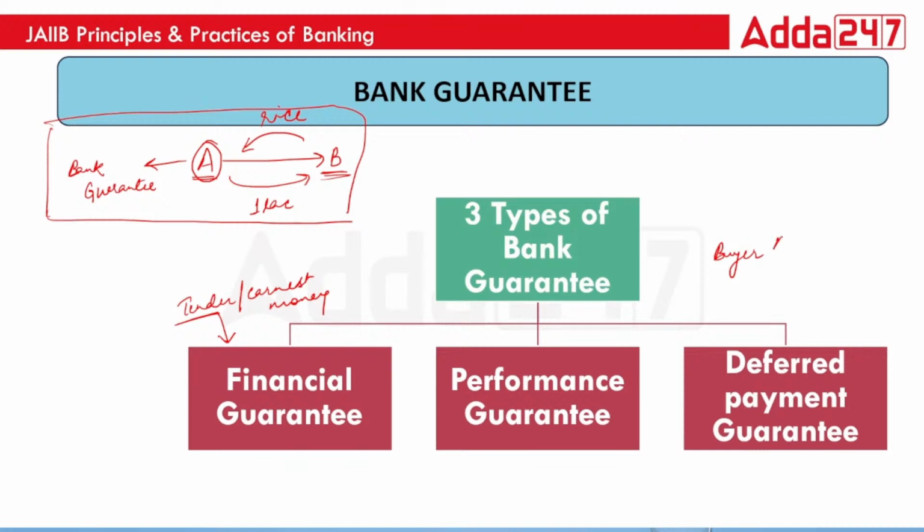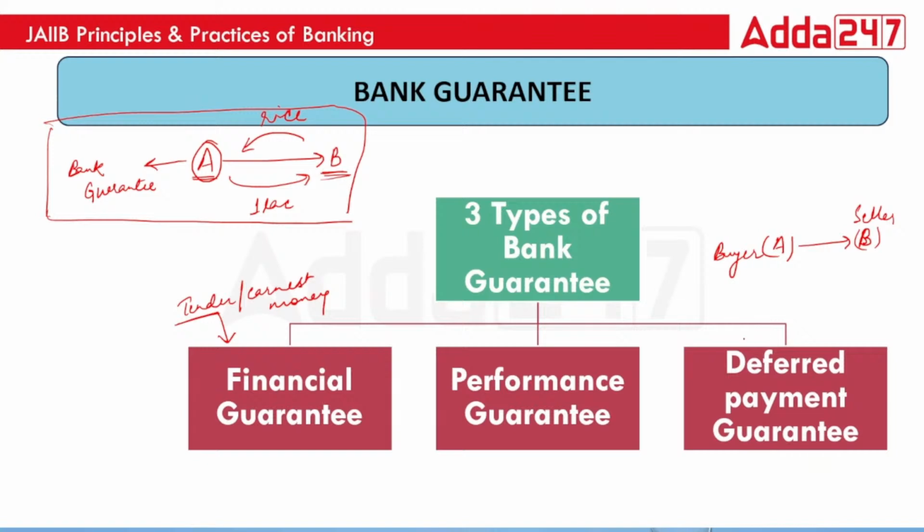Suppose here the buyer is A and the seller is B. If A is ordering something which is very expensive and he's not able to repay B in one single installment, in the contract itself he can ask for payment in installments.